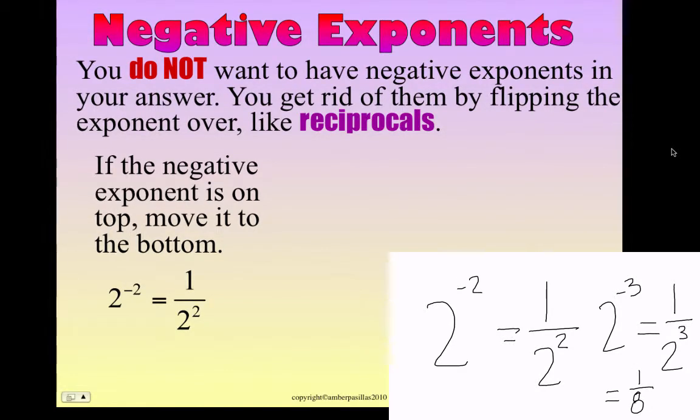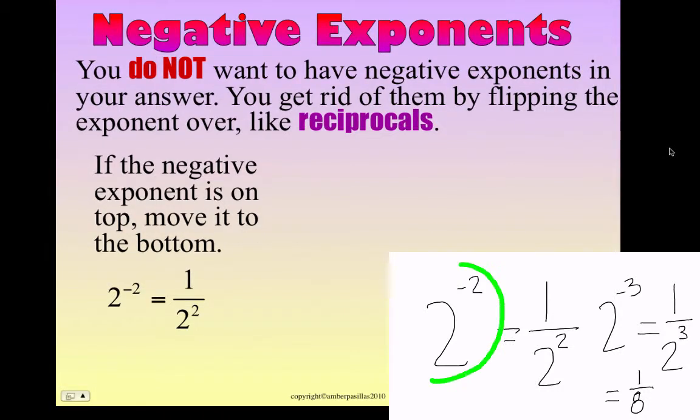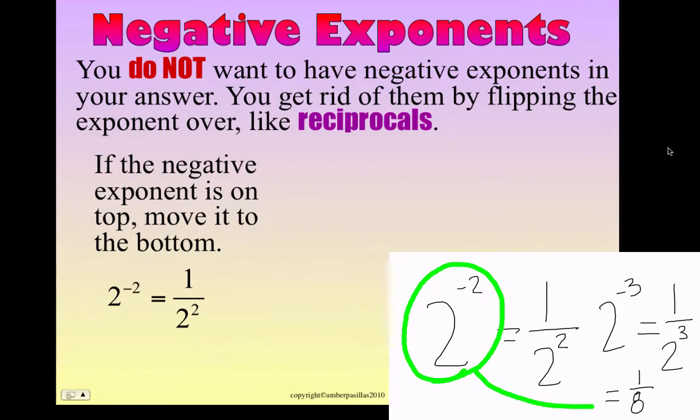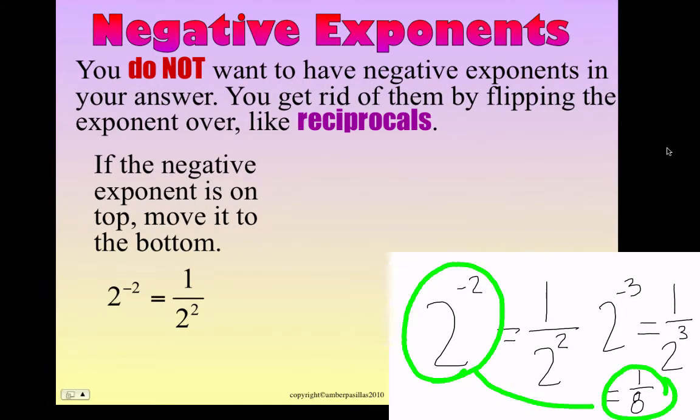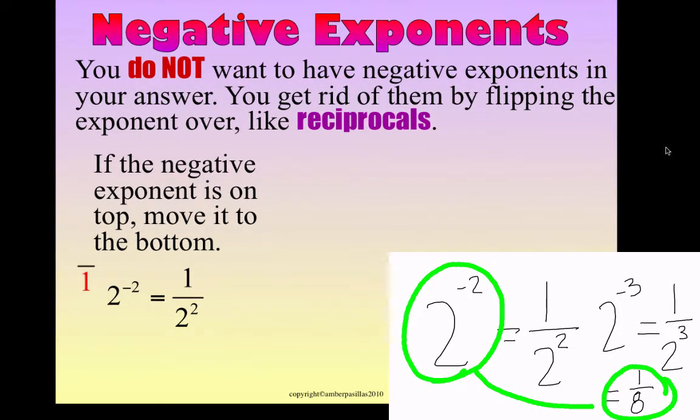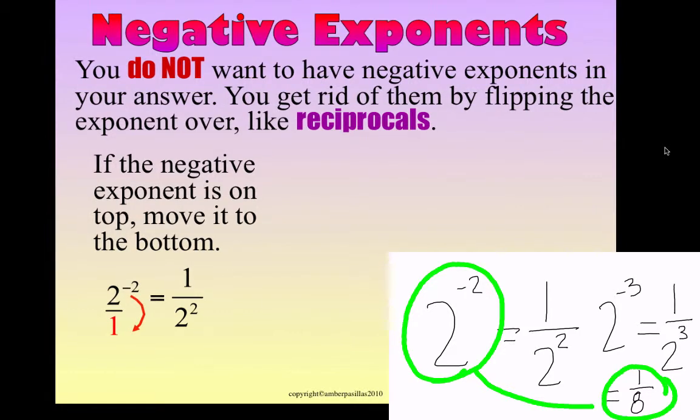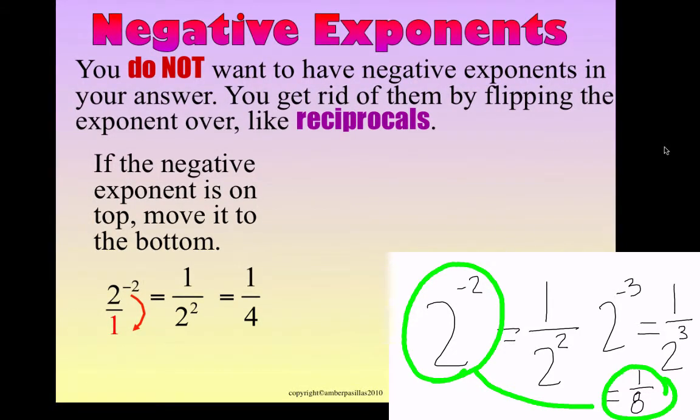So we could say that 2 to the negative 3 is a more complicated way of writing 1/8. And this is actually one of those things that really is used in math in the real world.